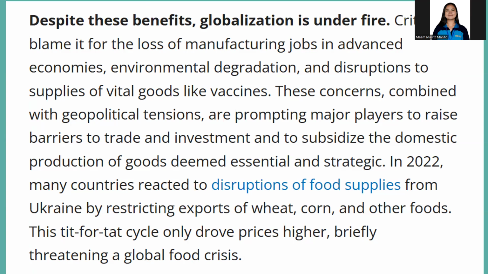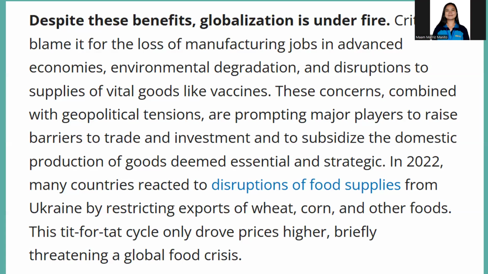And then these concerns, combined with geopolitical tensions and politics, are prompting major players to raise barriers to trade and investment and to subsidize the domestic production of goods. In 2022, many countries reacted to disruptions of food supplies from Ukraine. Actually, not just food supplies, even the oil market.